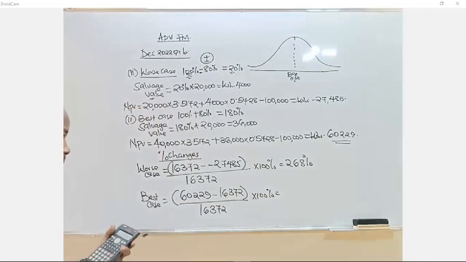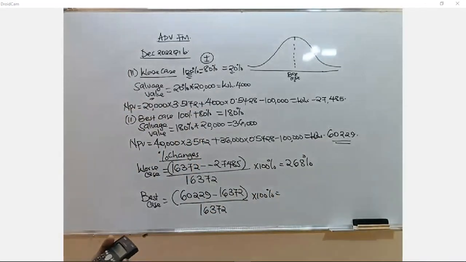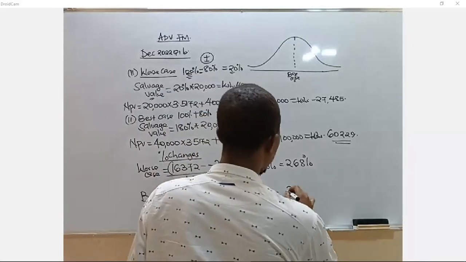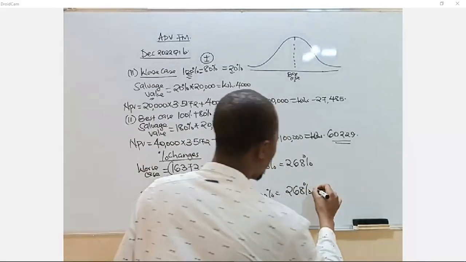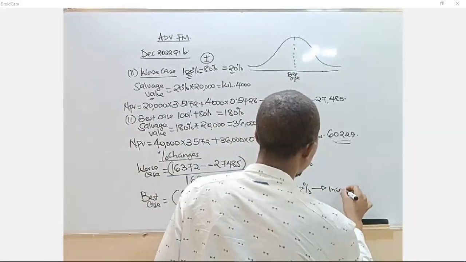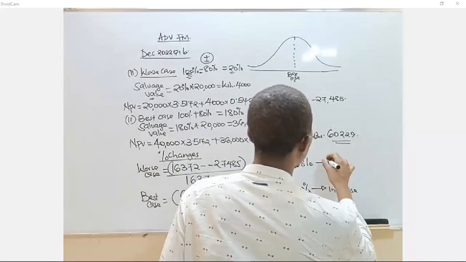So it will be 60,229 minus 16,372, you divide by 16,372, then you are going to be getting 268%, right? Remember, this is on the side of increase, and this will be on the side of decrease.